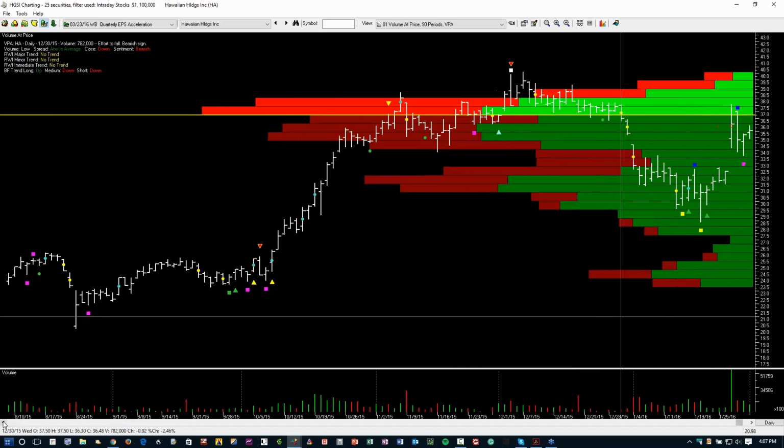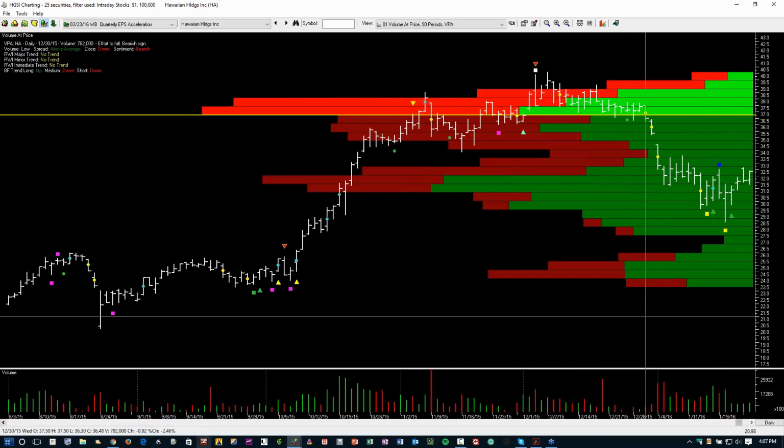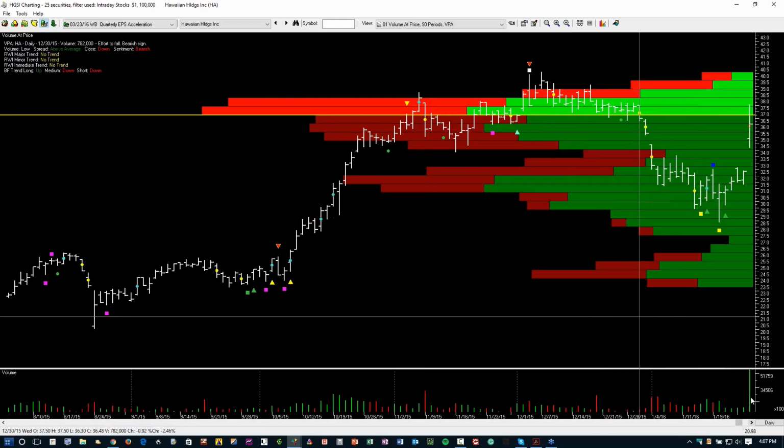I'm curious as to where it was. Oh, I'm sorry. One too many. That's good. And there it crossed the VPOC during that day, but then the next day I think it started falling off again, didn't it? It closed under the VPOC, but it tried to break.